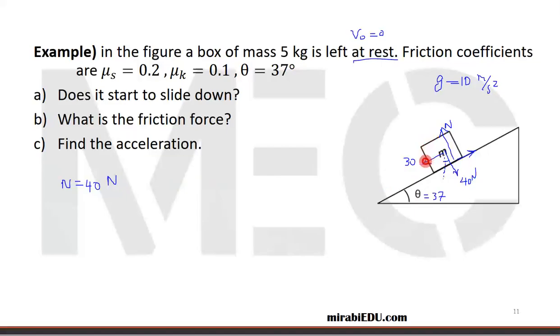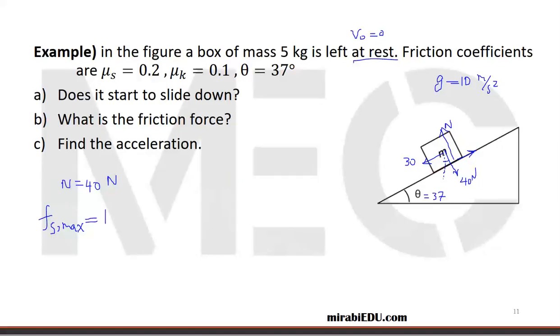What about the x direction? We have a 30 Newton force applying on the box, causing it to slide down. There is a friction force resisting this. Let's calculate the maximum static friction force that can be applied.